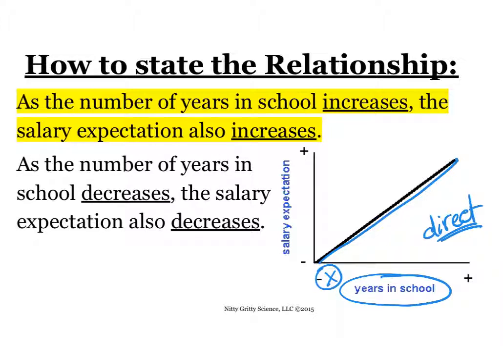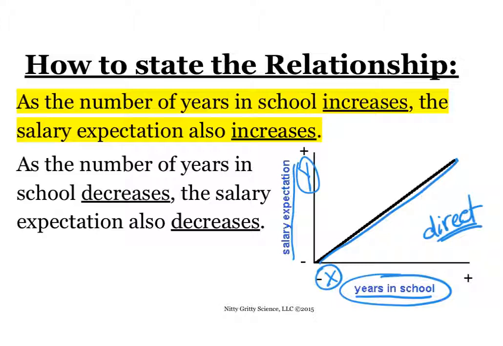And you think to yourself, okay, as this increases, the years in school, so the more years I am in school, so if I'm in school for high school and then I'm in school for longer than that, like I go to college, then the thing that is on the y-axis, the salary expectation, in other words, how much money I expect to make, that should also increase.